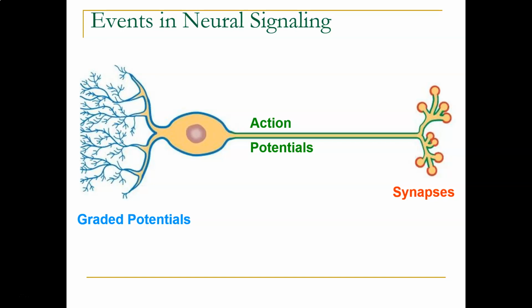Whatever they are, there's ion gates, and when they open, basically two things could happen. You could get an increase in positive charge or depolarization in the membrane that will travel to the beginning of the axon, or you could get positive charge moving away from the beginning of the axon. In other words, you could get waves of depolarization or hyperpolarization.